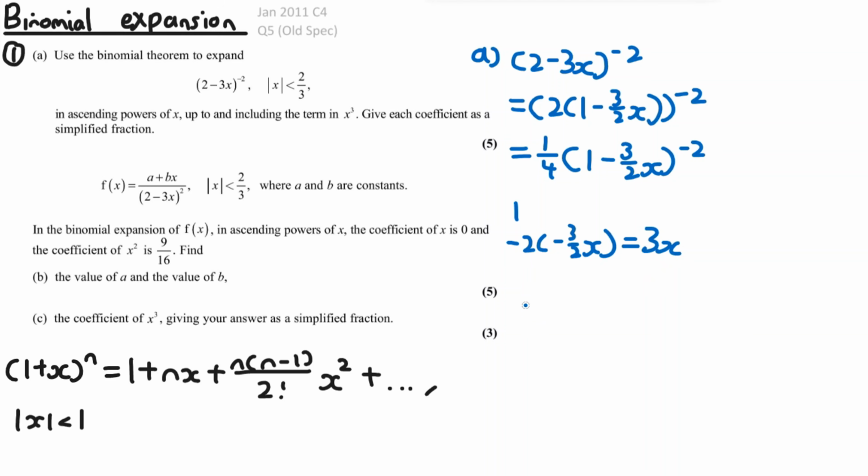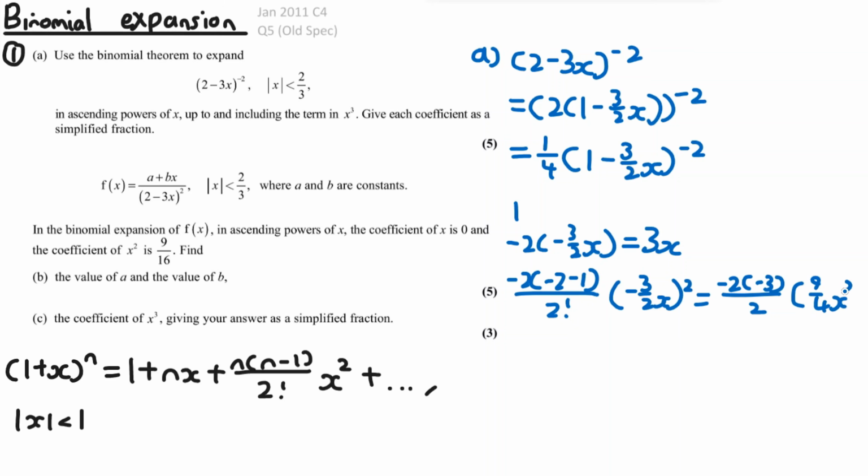And then the next term is going to be minus 2 of minus 2 minus 1 over 2 factorial of minus 3 over 2 x squared, which is equal to minus 2 of minus 3 over 2 of 9 over 4 x squared. So these 2s are going to cancel out and the negatives are going to cancel out as well, to give 3 of 9 over 4 x squared, which is equal to 27 over 4 x squared.